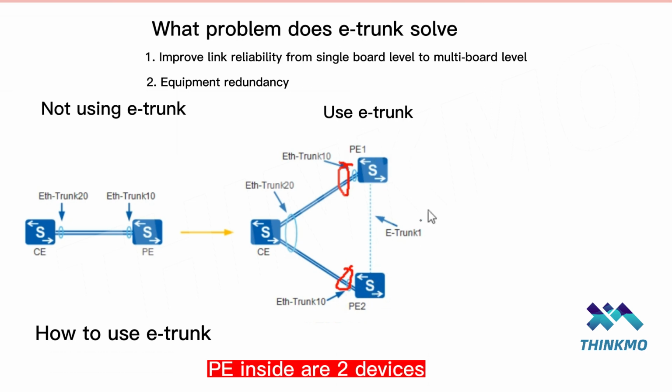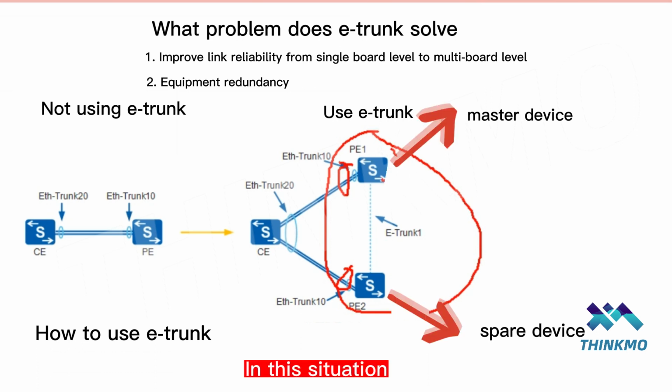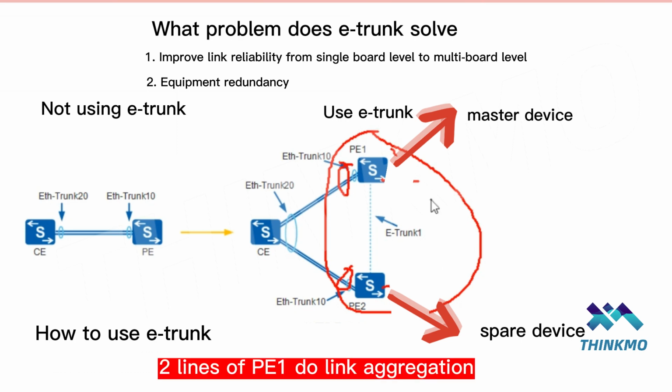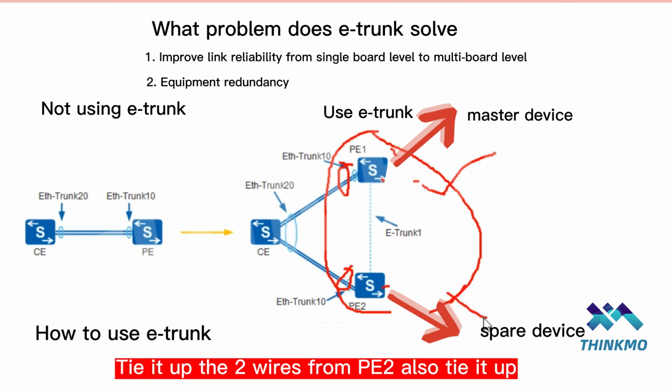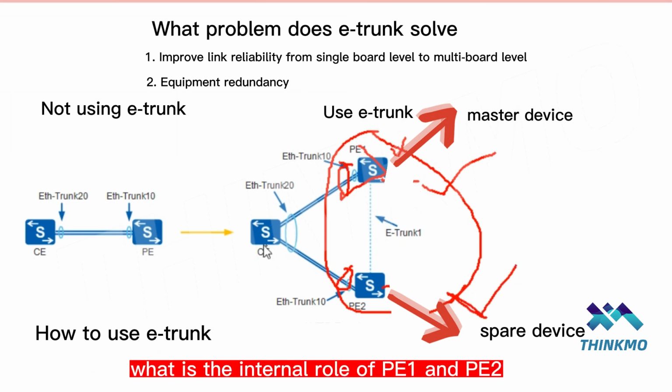For the PE, inside are two devices, externally it is one device. In this situation, with P1 and P2, what can be done? The two lines of P1 do link aggregation, tied up. The two wires of P2 are also tied up. Then in the process, what is the internal role of P1 and P2?